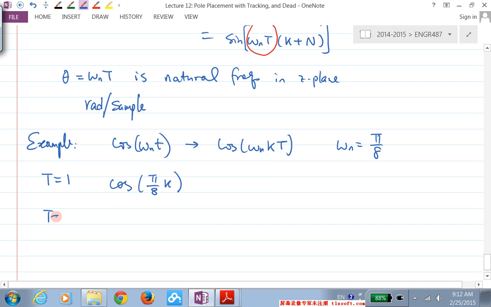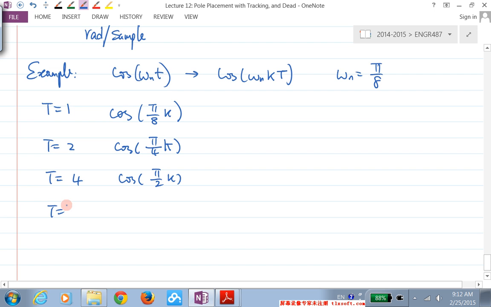And when T equals 8, it's cosine of pi k.